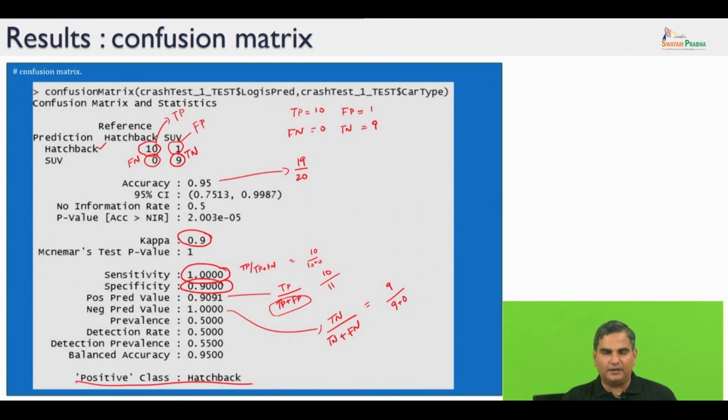So, it is application dependent, and depending on what you are going to use these results for, that is something you should really think about before finding out which of these numbers are important from your application viewpoint. Nonetheless, what we wanted to do was, in one lecture, give you the calculations for all of these, so that it is a handy reference for you when you work with case studies in R.